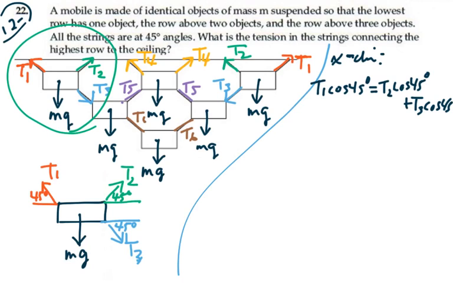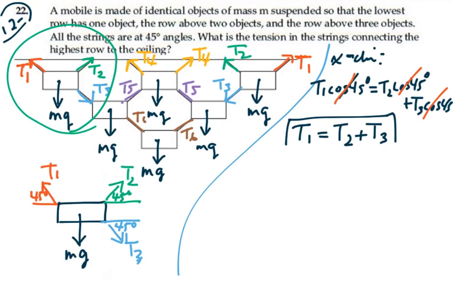And get rid of a cosine 45 on all terms, divide through. And so basically we end up with T1 is equal to T2 plus T3. Sounds good. All right.